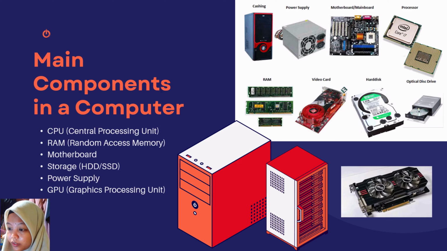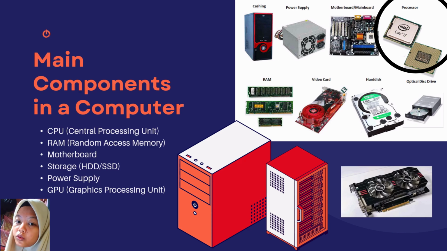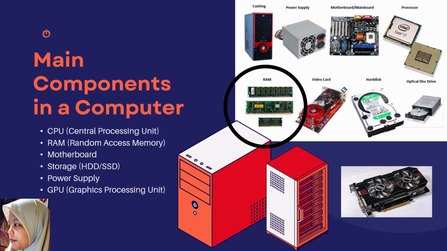A computer consists of several main components. The CPU, or central processing unit, the processor, as the brain. RAM, random access memory, as temporary memory.